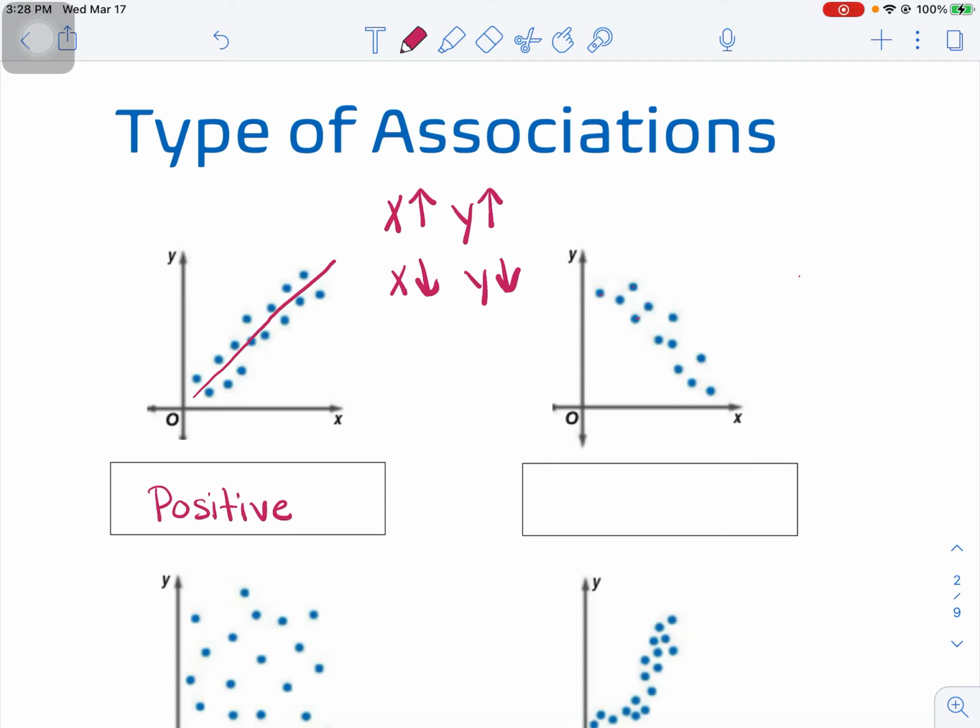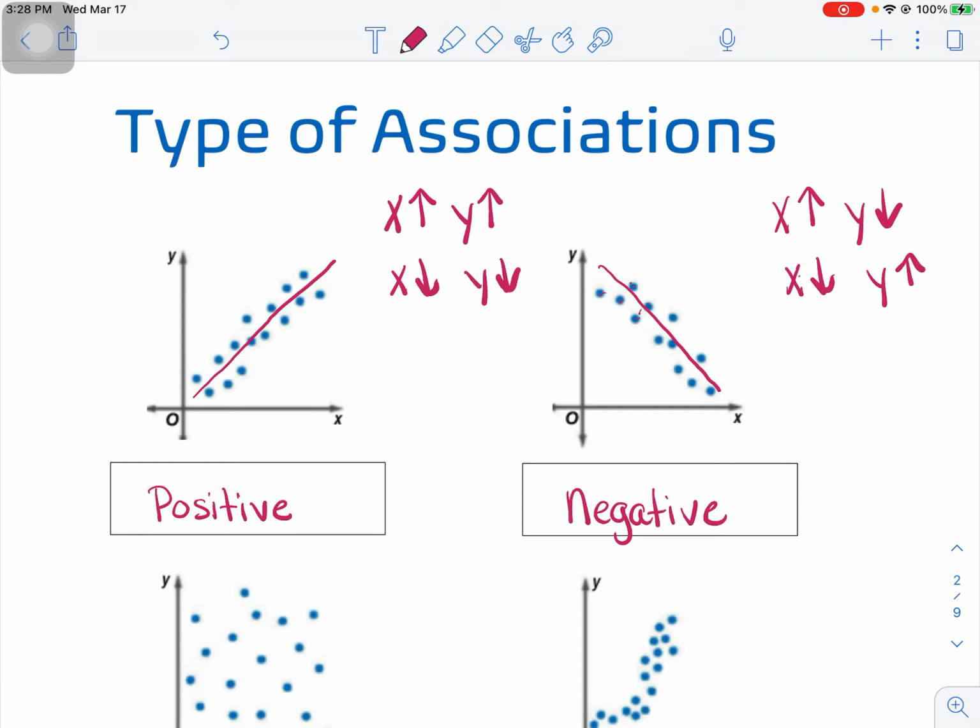The next one here, if we look at these little dots and think about drawing a line in the middle to encompass what is happening there, we can see a negative correlation, a negative association. This happens when the x is going up but the y is going down, or vice versa: the x is going down and the y is going up.